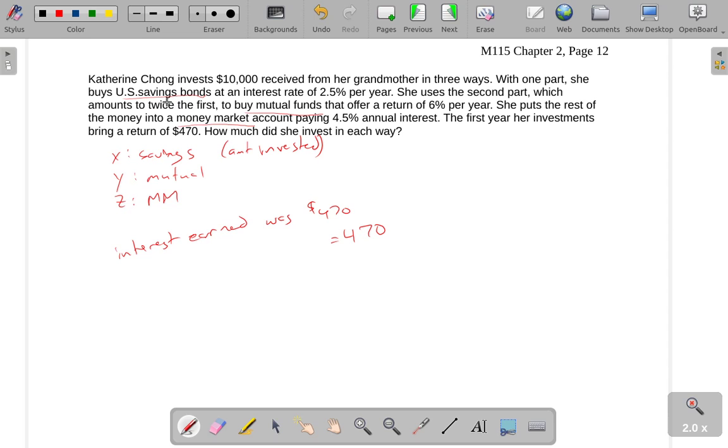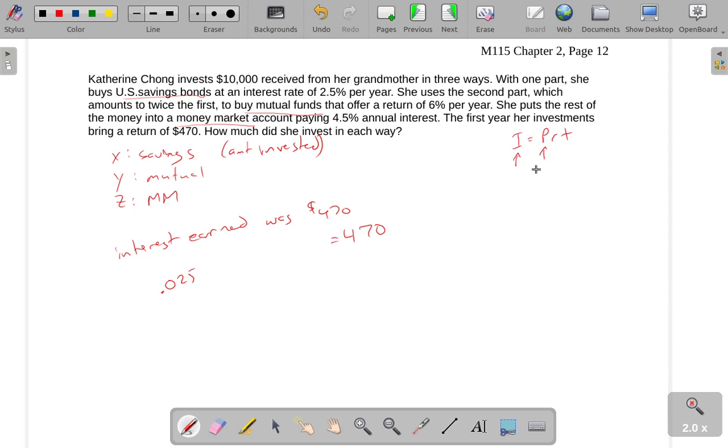So let's see. Her savings bonds earn a 2.5% interest per year. Thinking of this as a decimal, not as a percent here, this would be 0.025. And if she has a certain amount of money invested in savings, if you recall your interest formula, I equals PRT. This is the amount of interest earned.